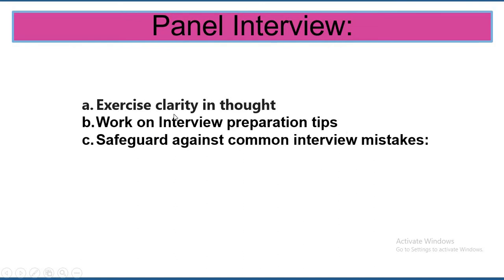You should be well prepared with the very basic questions, the body language you need to follow, and the major mistakes that need to be overcome, and you have to be thorough with the basics. And one more thing, you should be thorough with judging the different kinds of people who are seated in front of you, because it is a panel.